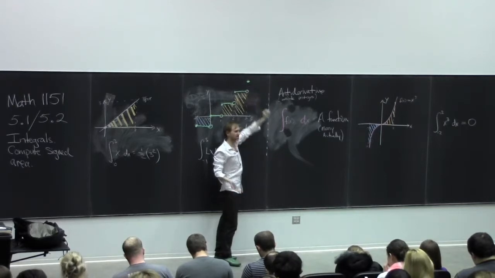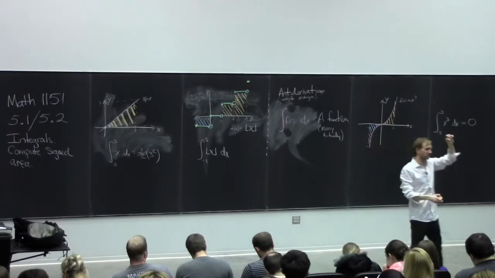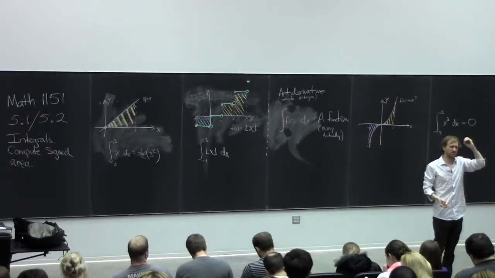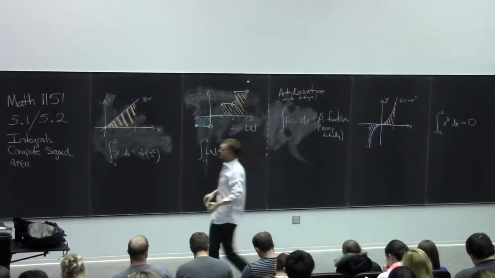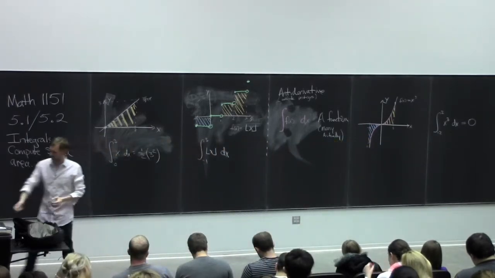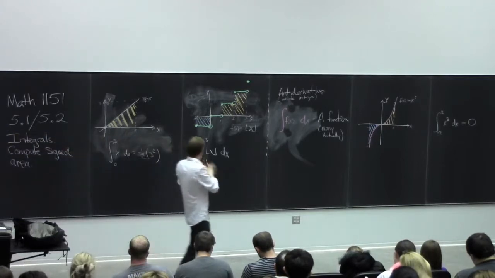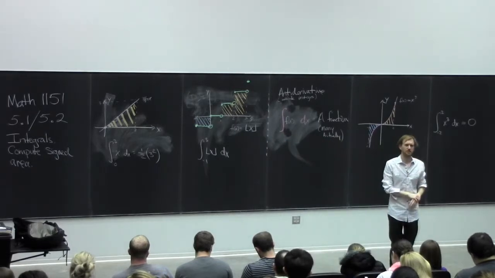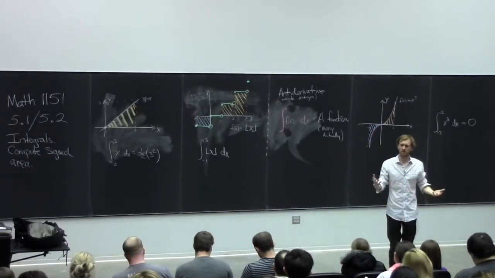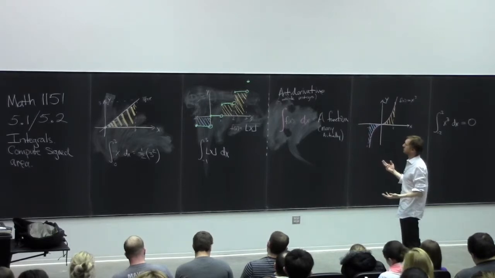Because area of a rectangle is length times width. And what's the width of a dot? 0. It has no width. So there is the thing I'm computing the area of. Can anybody just tell me the answer? Isn't it going to be 2?